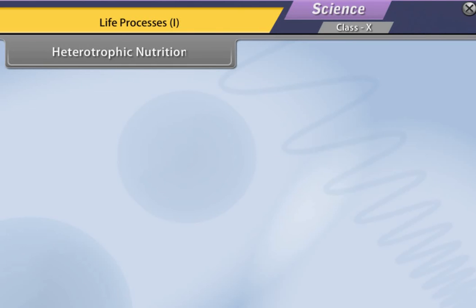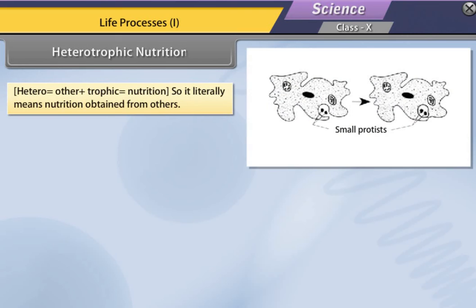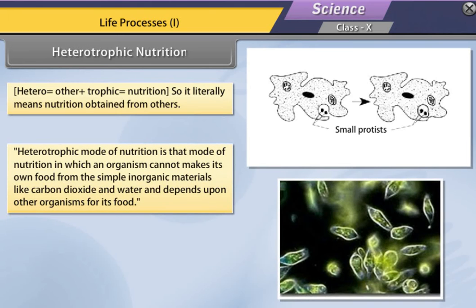Heterotrophic nutrition. Hetero means other, trophic means nutrition. So it literally means nutrition obtained from others. A heterotrophic mode of nutrition is that mode in which an organism cannot make its own food from simple inorganic materials like carbon dioxide and water and depends upon other organisms for its food.